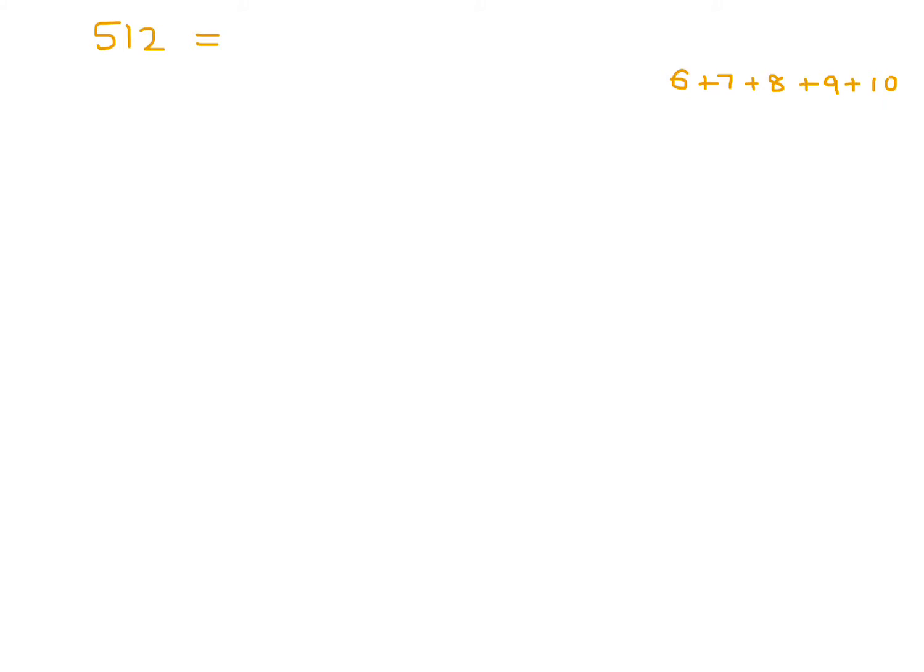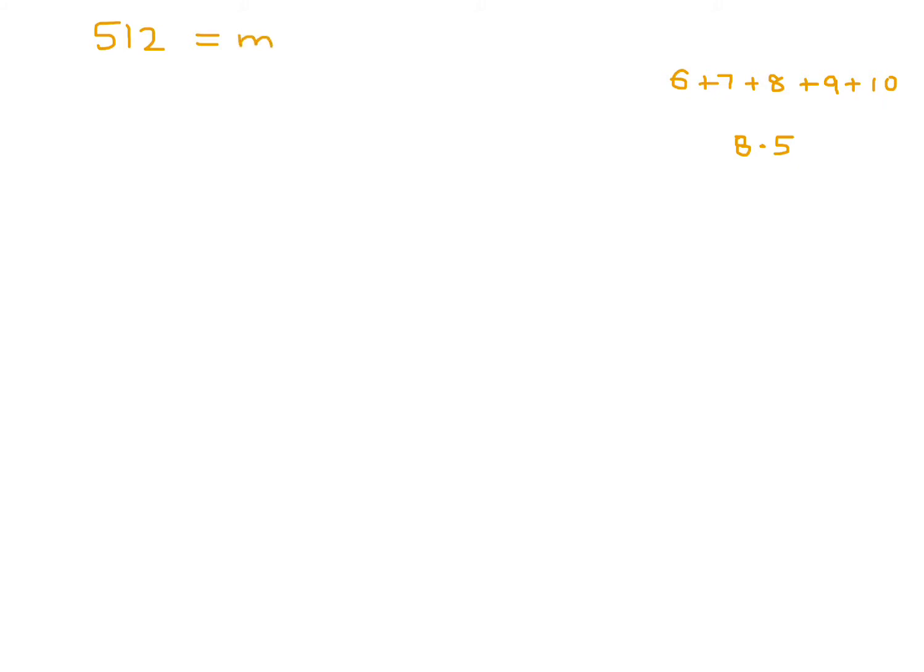If that was the way 512 is broken down, then basically what that would mean is that you could write 512 as a product of the middle number times how many numbers you have. So in this case, it would be 8 times 5, where 8 is the middle number and P is the number of numbers.